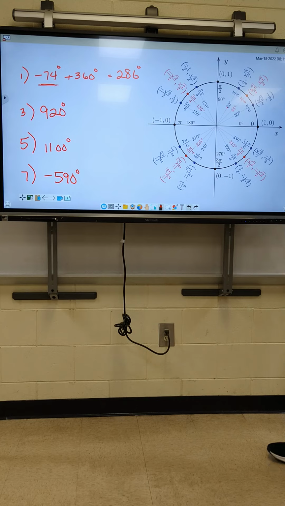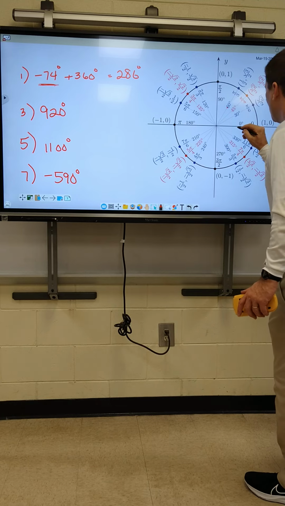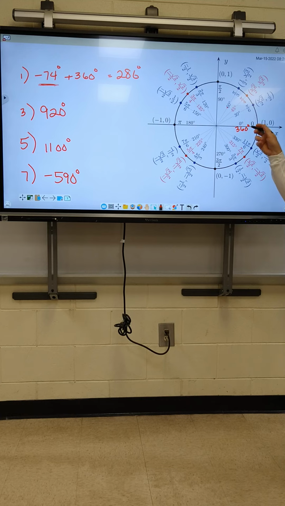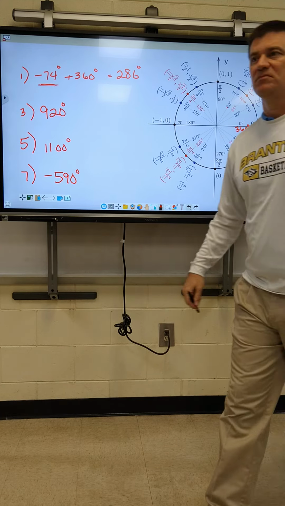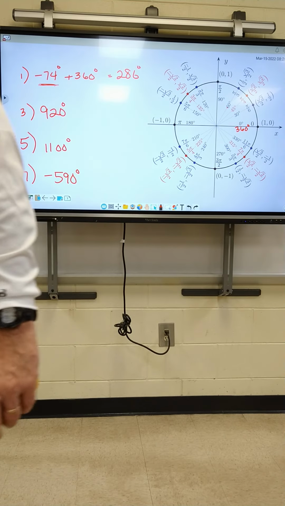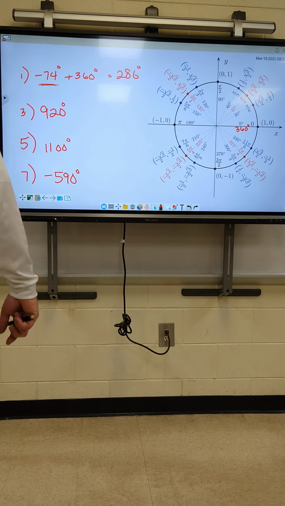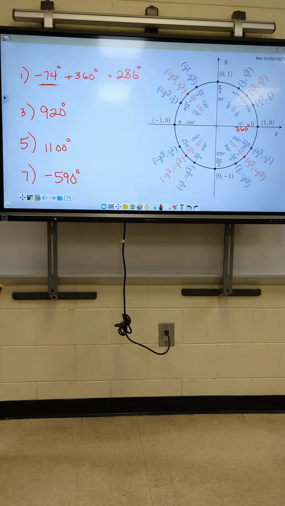Something else you need to add: on your circle, at the spot where the 0 is, write 360, because once you've gone around one time, it's 360 on that spot. Write that on your circle so you won't forget it. If the number's still negative, add 360 again. You have to add 360 until you get a positive number.